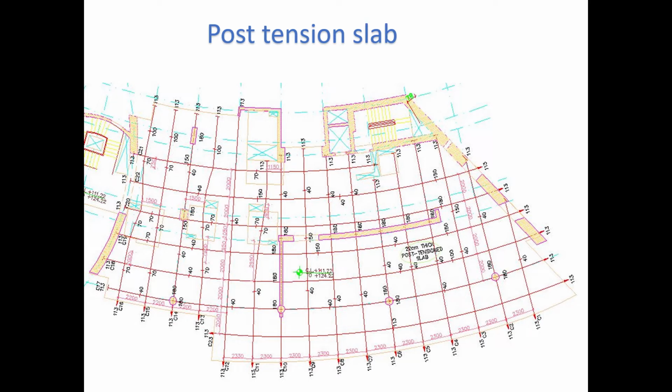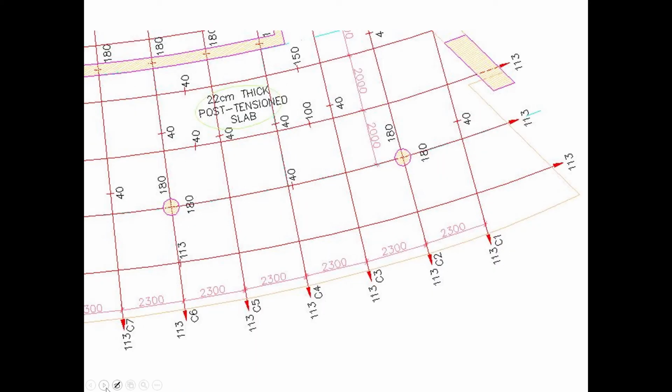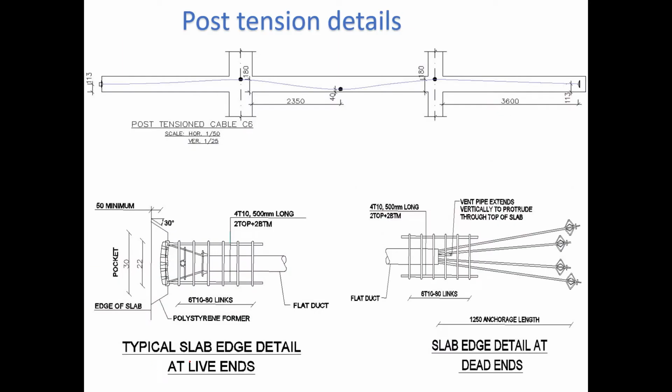These are the distribution of our tendon and the height of our tendon. So these are the typical slab edge detail at live end and the typical slab edge detail at dead end. Why?